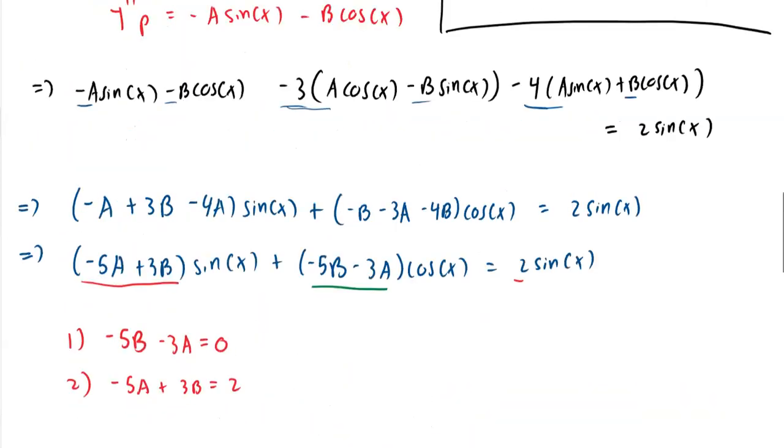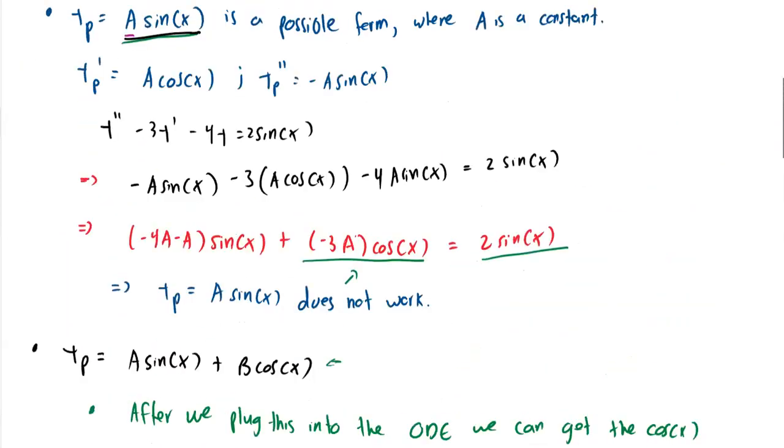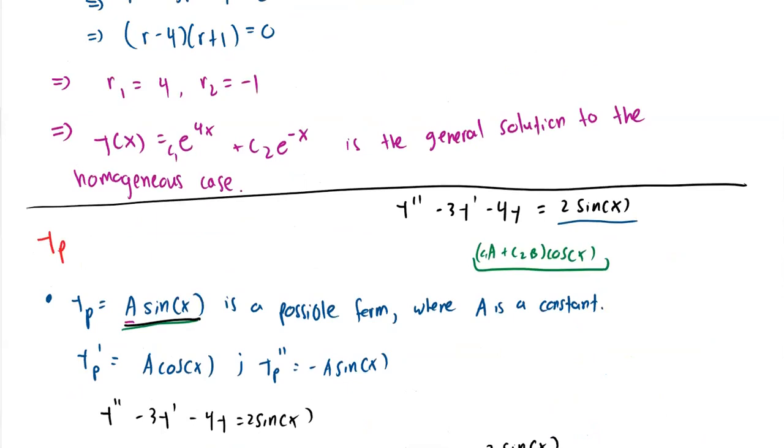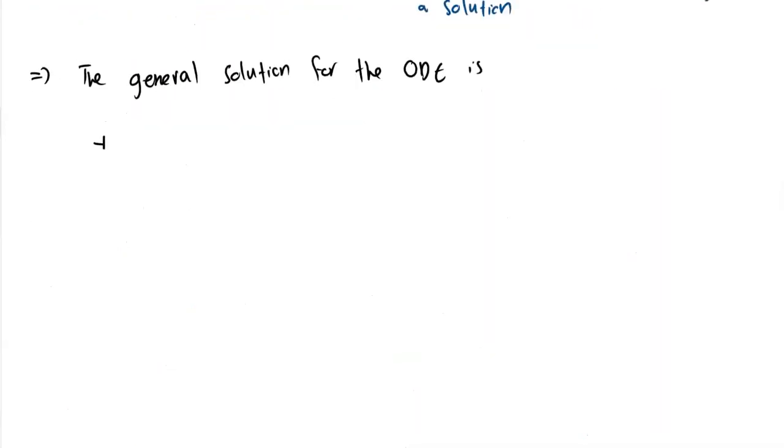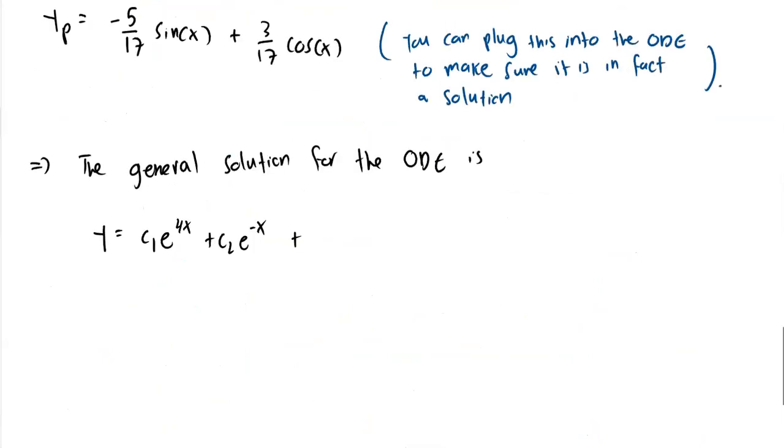So the homogeneous case had what solution? So 4 and -1 for the exponents. This comes from the homogeneous case plus our particular solution, which is -5/17 sine x plus 3/17 cosine x.